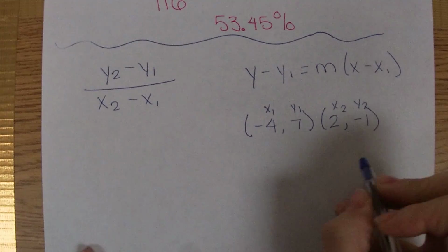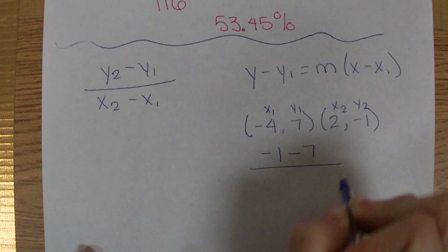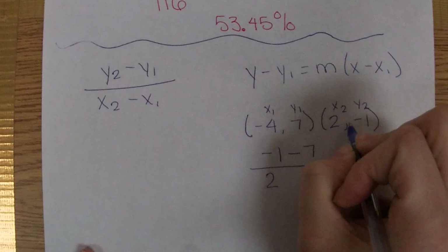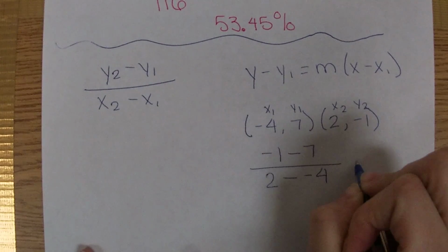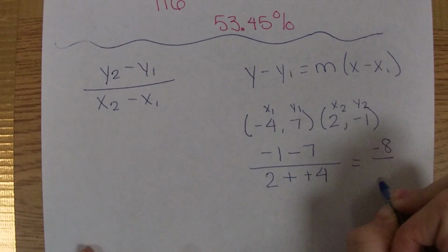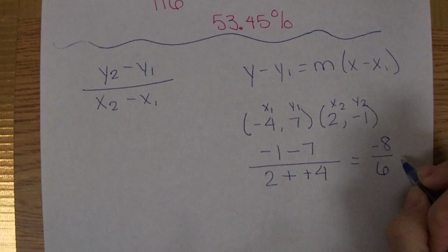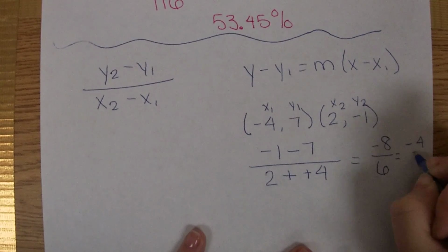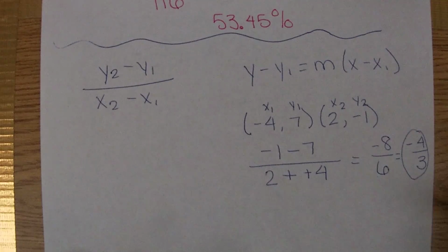So we'll say -1 minus 7 over 2 minus, and minus is part of the formula, -4. So we'll get -8 over 6. Slope is always in reduced improper fraction form. This is going to be -4/3. So this is our slope.